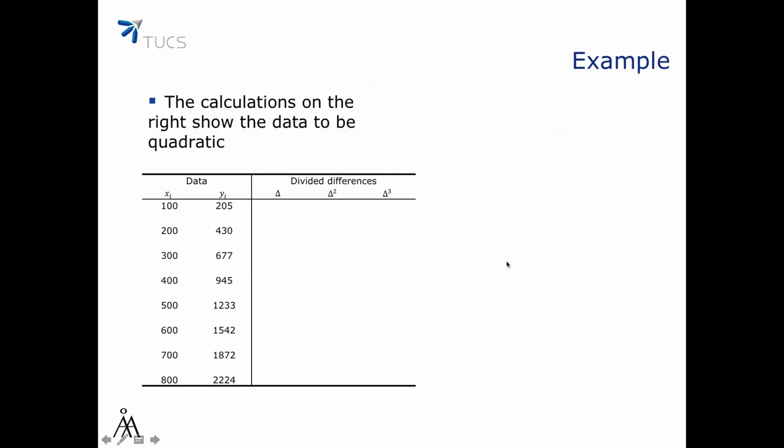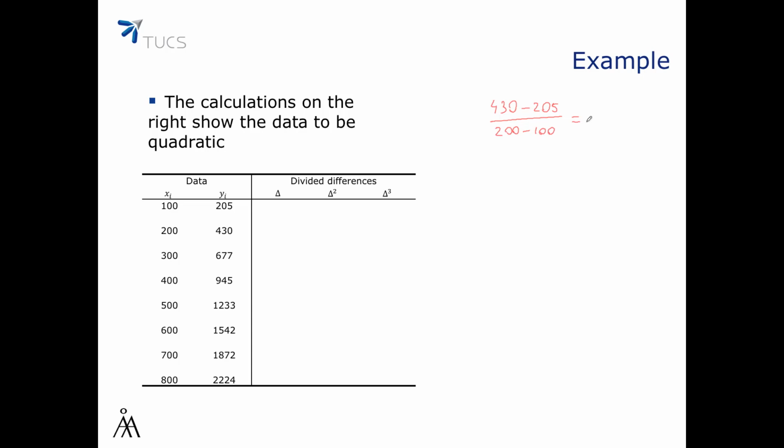Here is an example. Assume we have 8 data points shown in this table. According to our strategy, we start calculating the divided differences between these points. And let's take the first one, 205 and 430. So we can calculate the divided difference between these points as being 430 minus 205 divided by 200 minus 100.